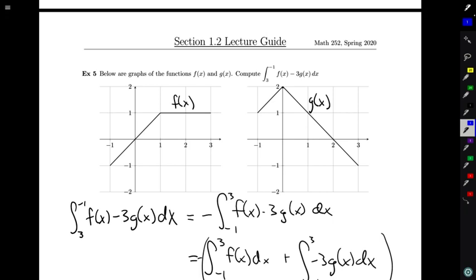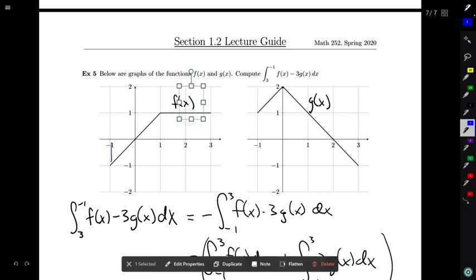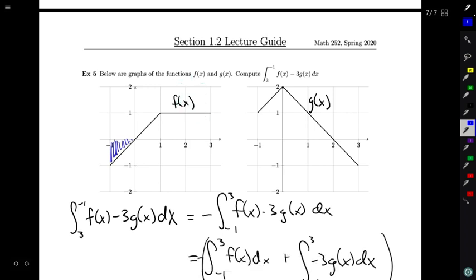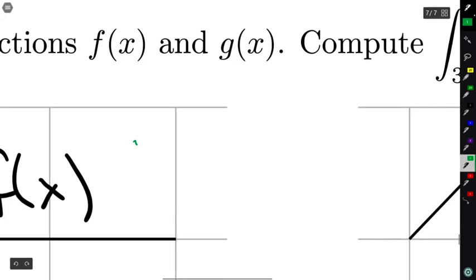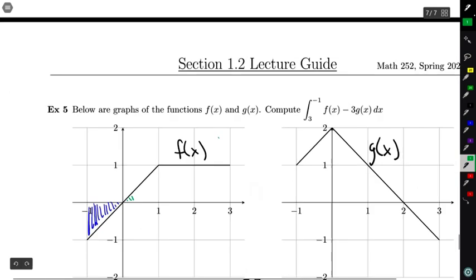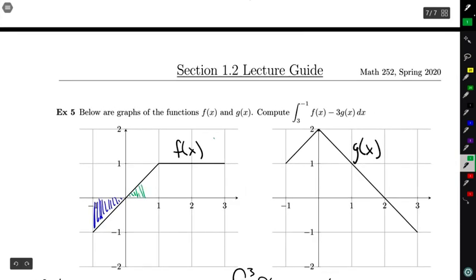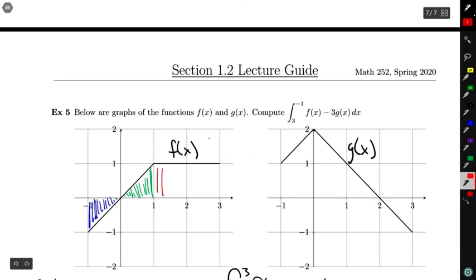Starting at x equals minus 1, we're below the axis, so we want to compute the area of this triangle here. Between 0 and 3, we are going to have a triangle here and a rectangle here.